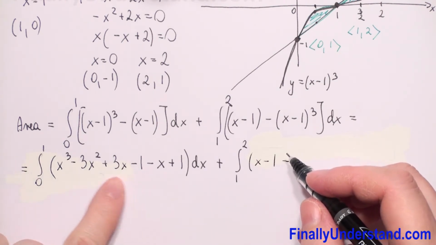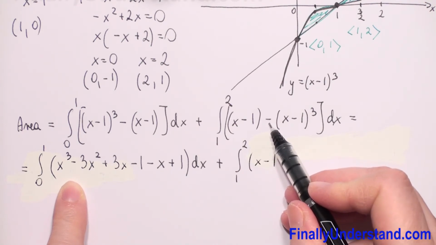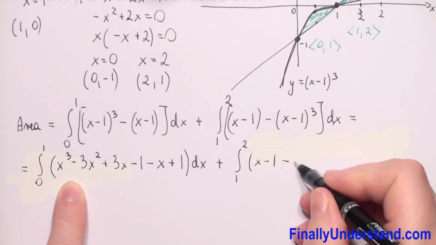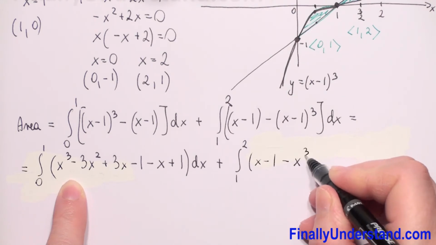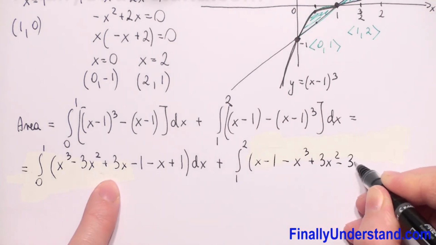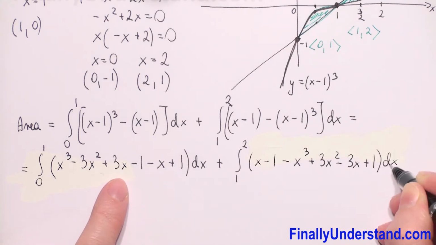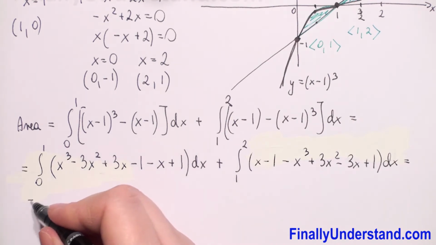So we have the same expression, and we will have to change the sign because we have a negative sign before this parenthesis. So it will be negative x cubed, and now it will be positive 3x squared minus 3x plus 1 dx.